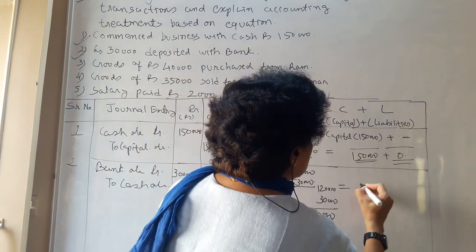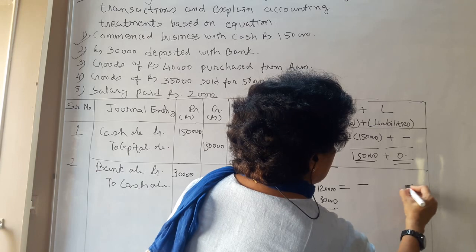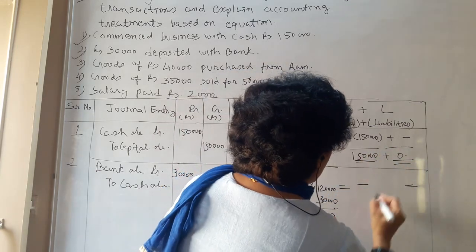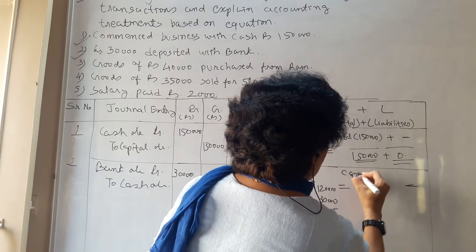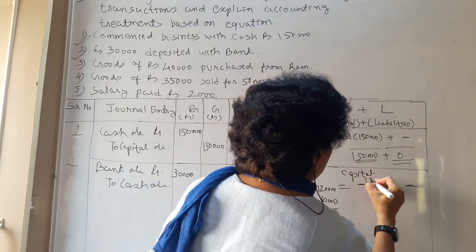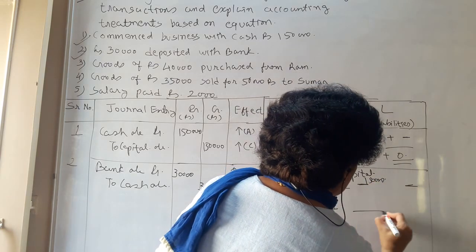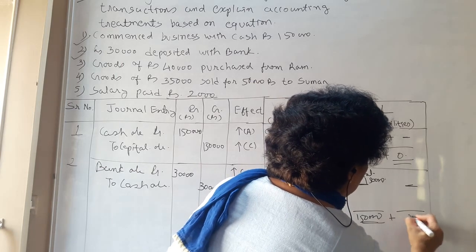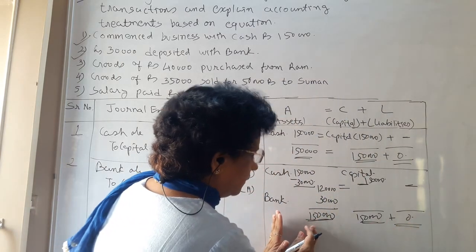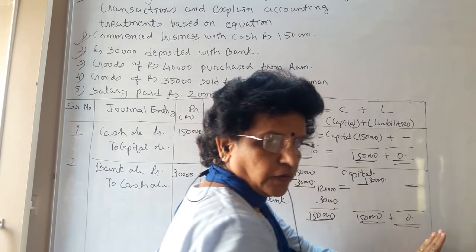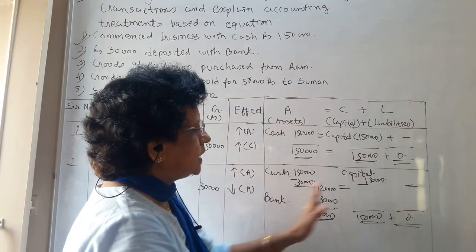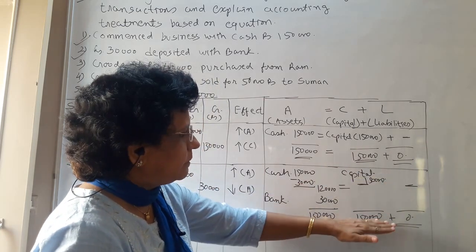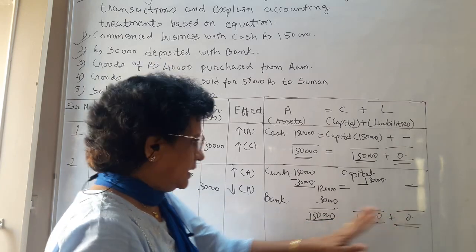Now here there is no change in C as well as no change in liability. So your C and liability both are the same. The original capital, what you were having, 1,50,000, is as it is. So 1,50,000 is your capital and there was no liability, so 0. Again 1,50,000 is equal to your 1,50,000. Due to this transaction, there is no effect on the C plus L side. Your capital remains the same, as earlier.